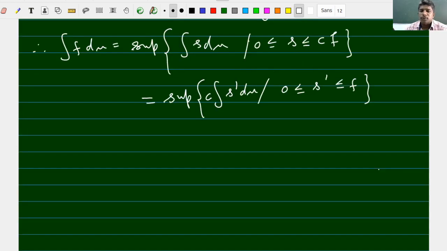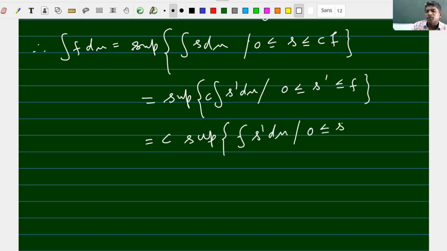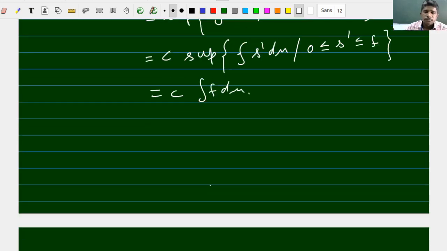So there is a one-to-one correspondence between these two sets over which the supremum is calculated. C can be taken outside because it is positive. So this is c times the integral of f d mu. This is all.